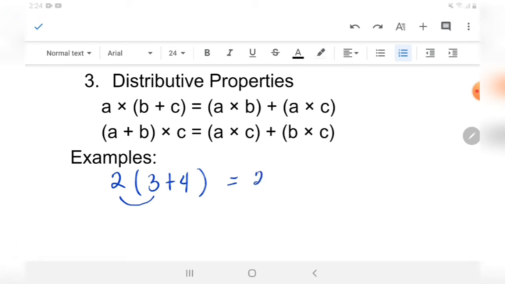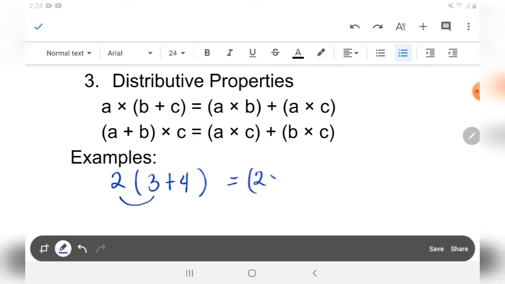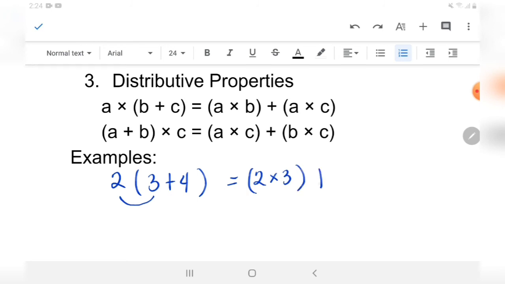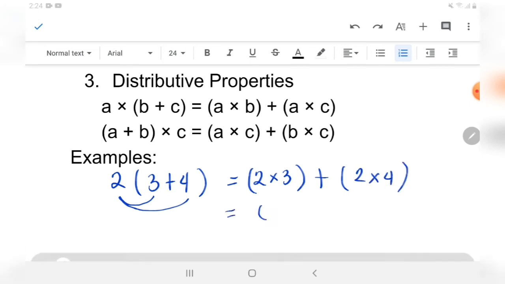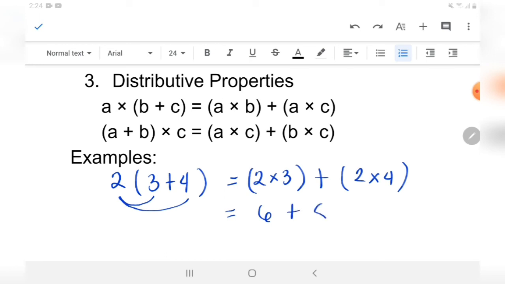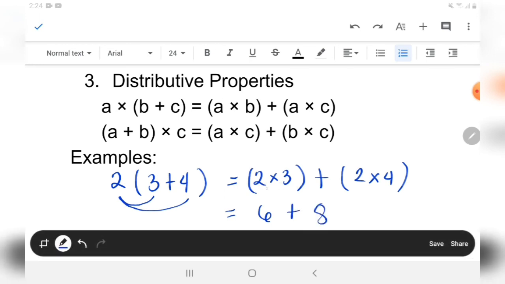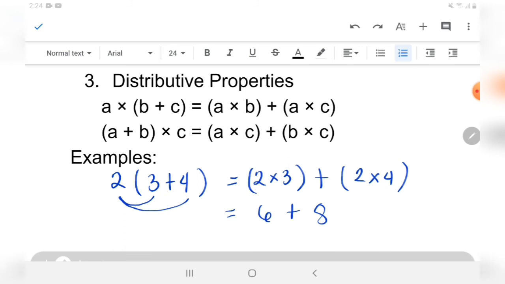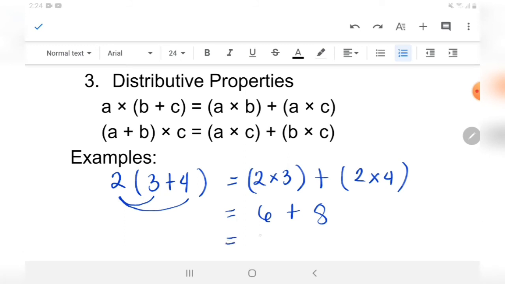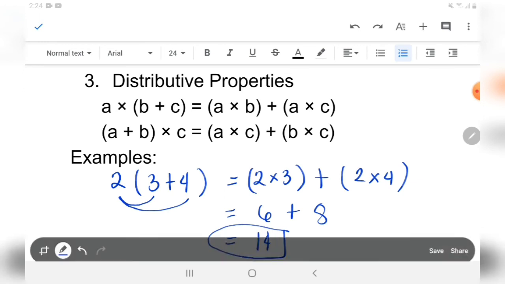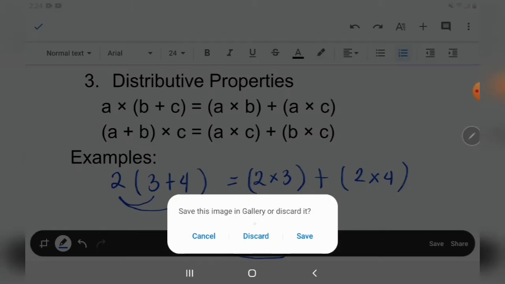This would be 2 times 3 plus 2 times 4. So this is 6 plus 8. Okay, 2 times 3, 6, 2 times 4, 8. And your answer is 14. So that is distributive property.